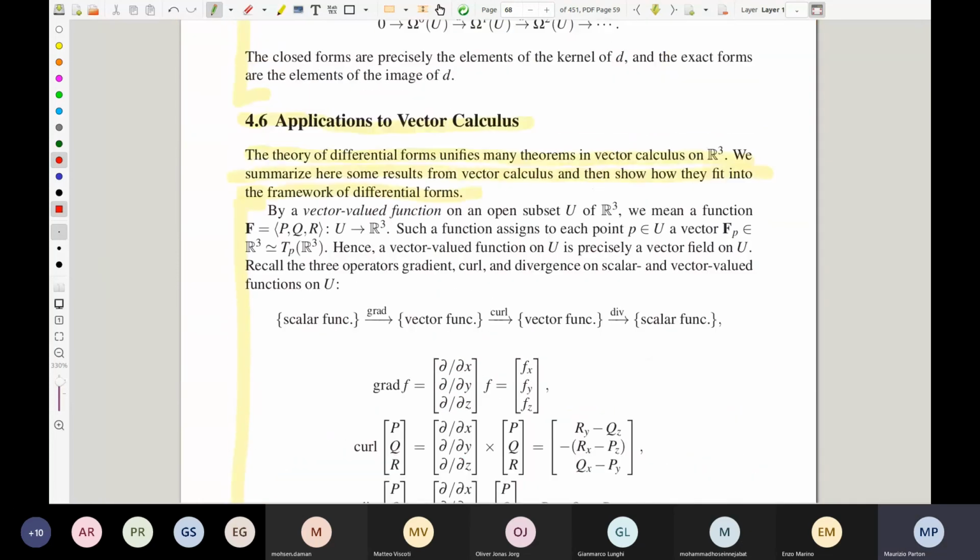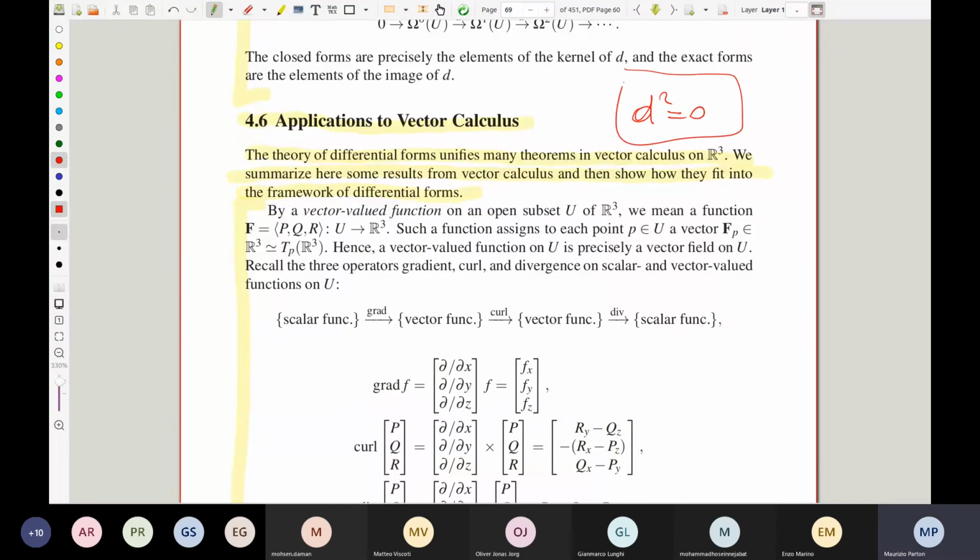For the moment, just trust me on the fact that d squared is equal to 0. You start from forms of degree k, you go by differentiating them to forms of degree k+1, and then you go again to forms of degree k+2, then you obtain 0 from whatever degree you start. This square is always 0.